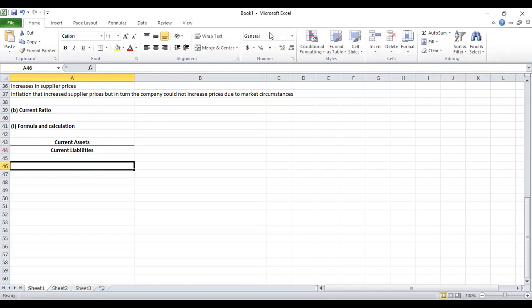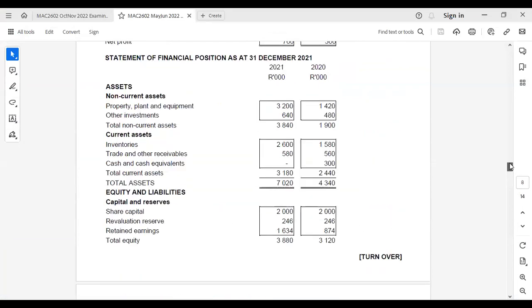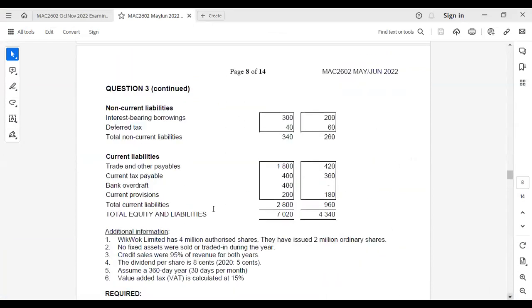So here we take the total current assets, then whatever we have there, you divide by the total current liabilities. They will be given.